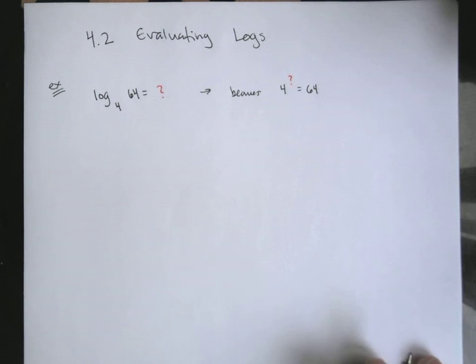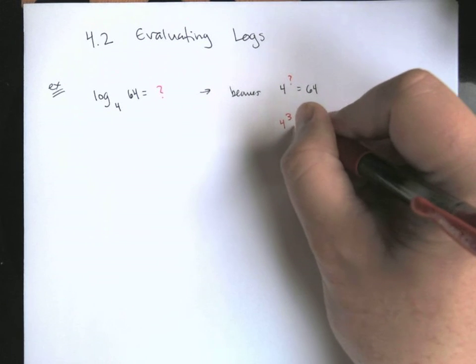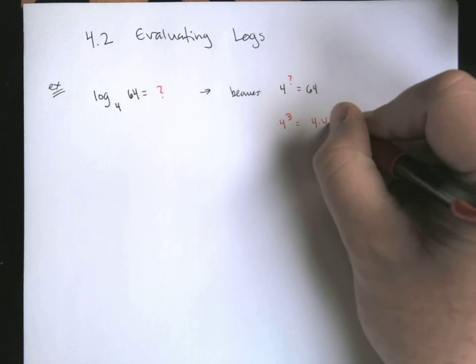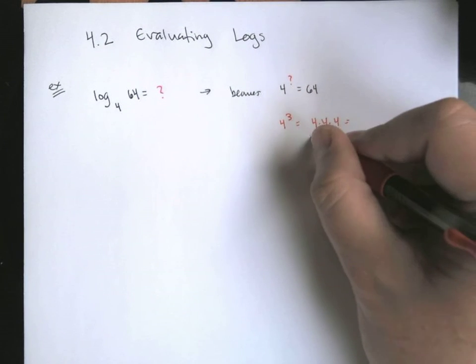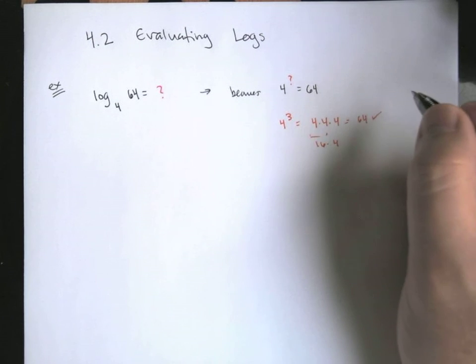The answer is, you can almost do a guess and check. 4 to the 1 is 4. 4 to the 2 is 16. 4 cubed is 4 times 4 times 4, which is 16 times 4, and that gets us to 64.